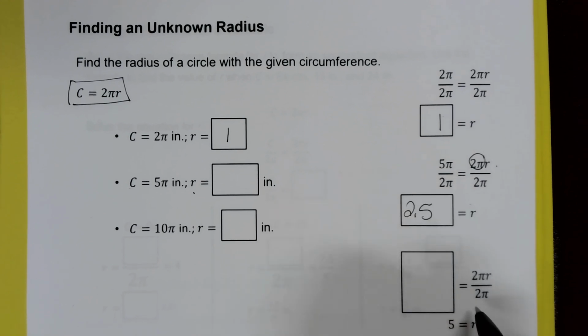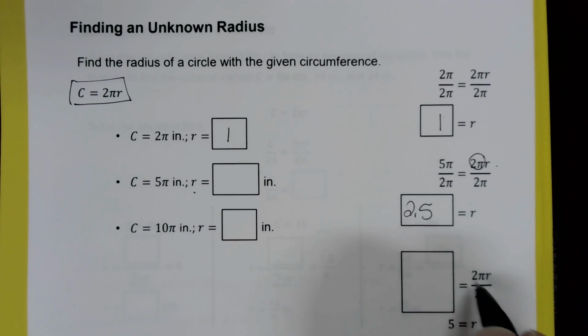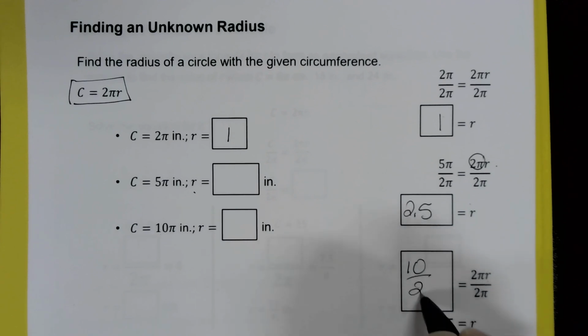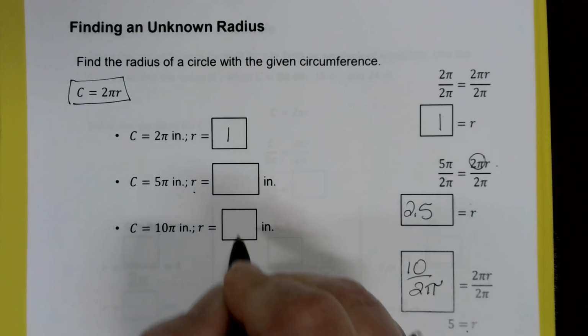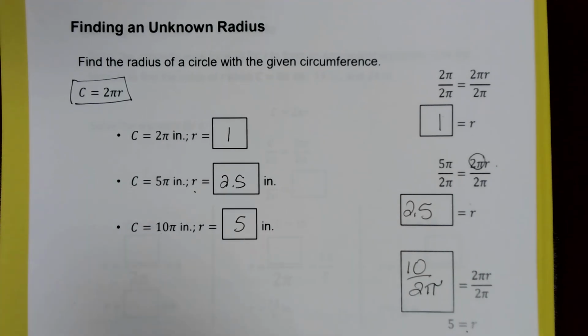Keep on going down here. If I have the circumference equals 10 inches, so this is where that 10 inches is going to go. And I'm solving for r, so I want to divide by 2 pi. And I find out that the radius here is 5. Sorry, I didn't fill this in. Okay.